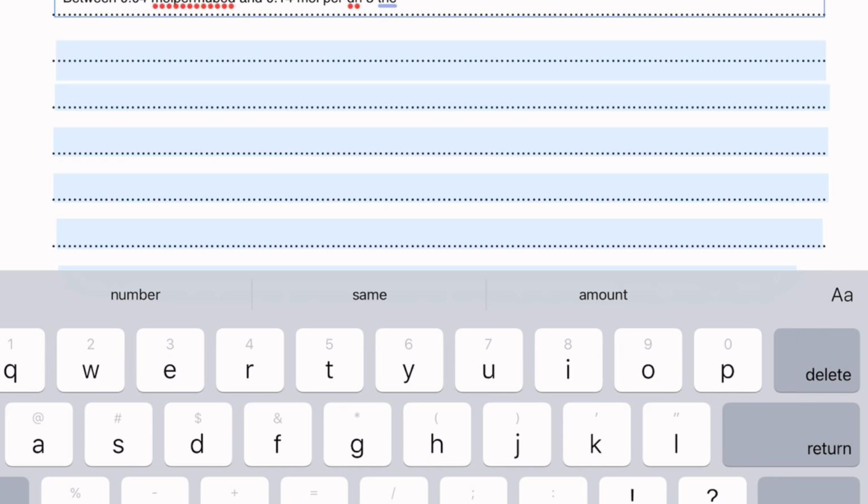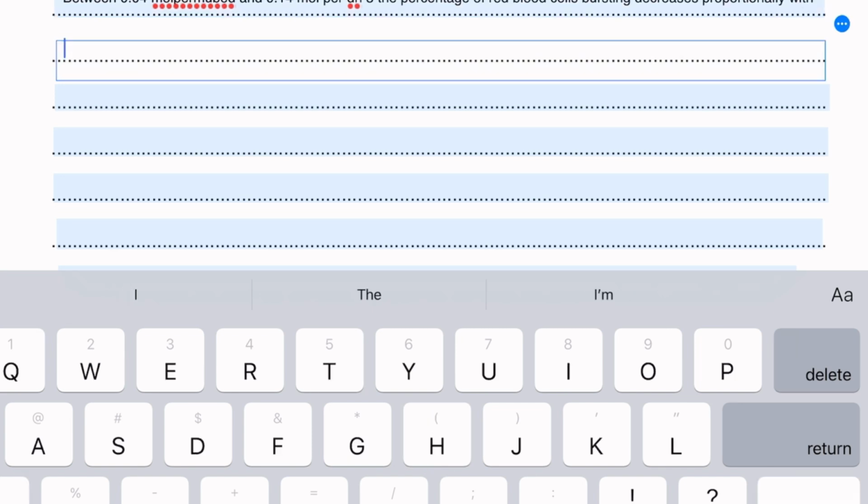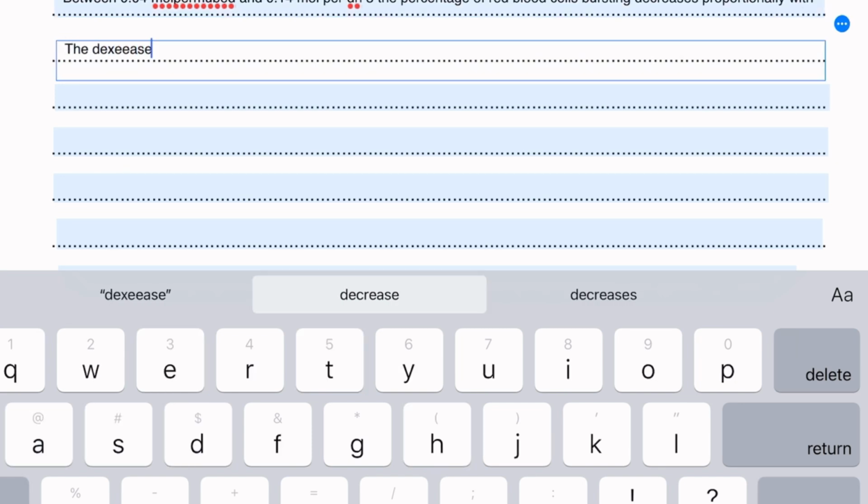okay, so what happens to the percentage of red blood cells bursting? It decreases proportionally with the increase in concentration. So we could actually say it's inversely proportional, or you could also say it decreases in a curve.